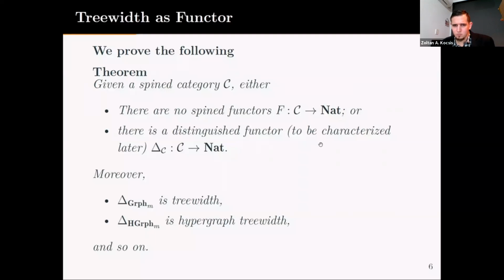Or, if they're not maximally bad, then they are in fact very good, in that there is a best functor, which we're going to characterize later, this delta, mapping C to nat. And this best functor turns out to behave exactly like you'd want Treewidth to behave. Indeed, it coincides with Treewidth if C is the category of graphs, and it coincides with hypergraph Treewidth in the category of hypergraphs, and so on.